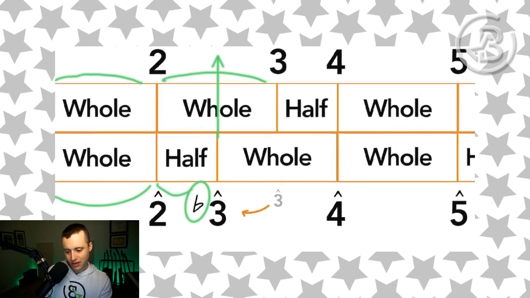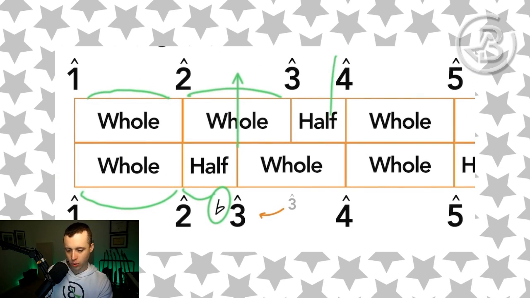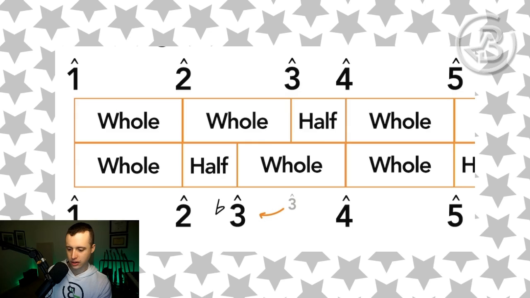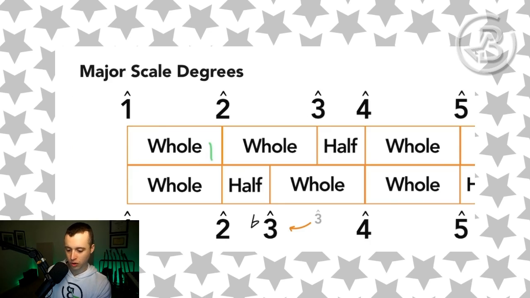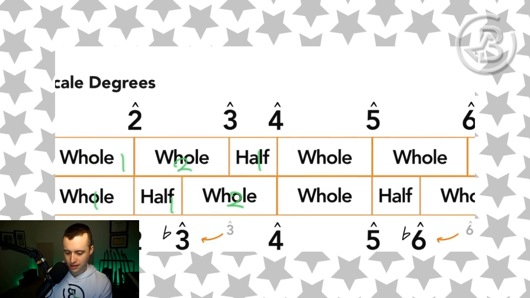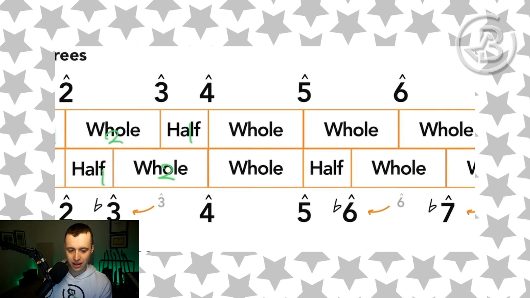So we can see very interestingly that 4 catches up because in the first 3 scale degrees, in both scales we have 1 whole, 2 whole, 1/2, and 1 whole, 2 whole, 1/2. So it gets us the same distance, just in a different order. So 4 lines up, 5 lines up.